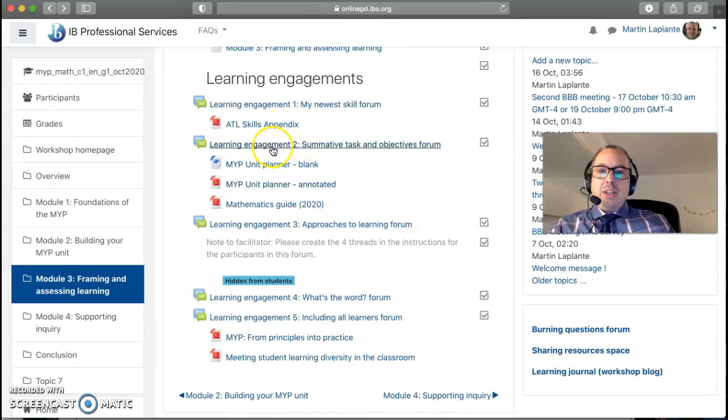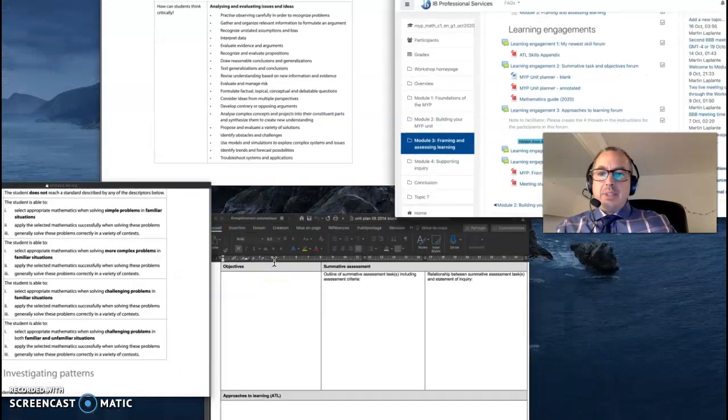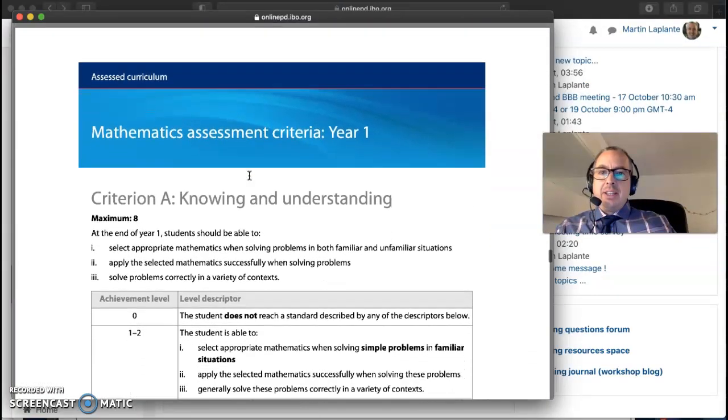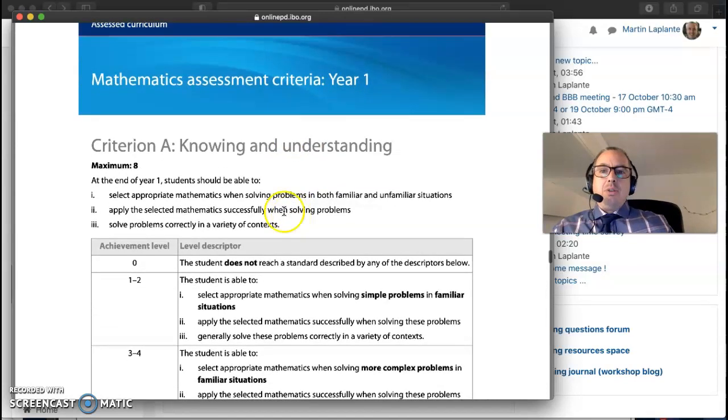So let's go back to Module 3. If I take a look at Learning Engagement 2 at first, perhaps, you'll see, going back to the mathematics guide, that you have the objectives. If I take here, you select the right year, let's say year 1, you have your criteria, so A, B, C, D. So I have to identify which one is going to be evaluated within your task with the GRASPS.